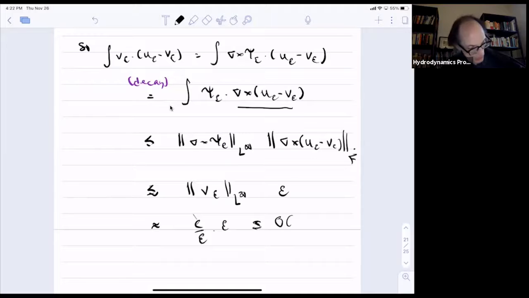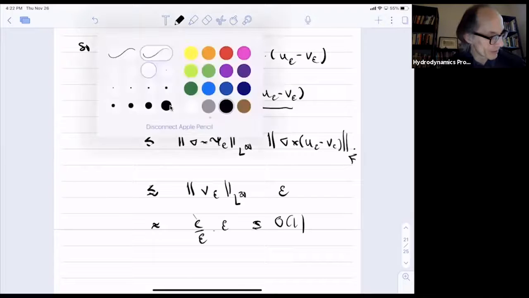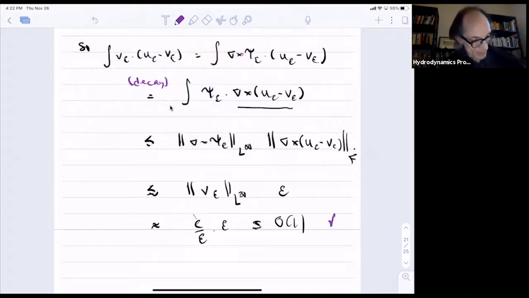So this is order 1. And remember, we're eventually going to divide by log epsilon. So when we divide by log epsilon, order 1 becomes order 1 over log epsilon. We let epsilon go to 0, it vanishes. Okay, so that's the first estimate. And we use the definition of the homogeneous flat norm in a moderately interesting way.